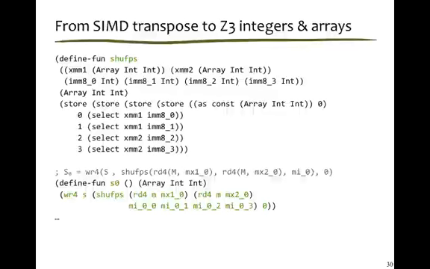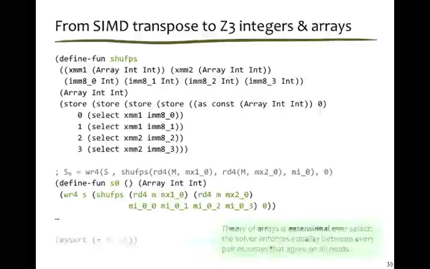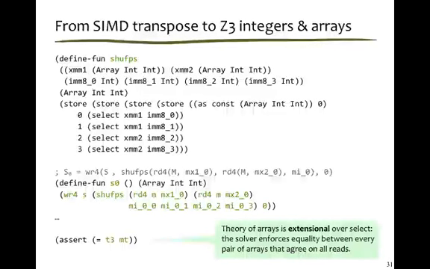So the only thing left to translate is our correctness condition, that the array that we eventually get, which we will call T3, is equal to the actual specification of the transpose, M3, the thing that we defined with our assertions. And notice that we're using this equality symbol, applying it to two array variables.